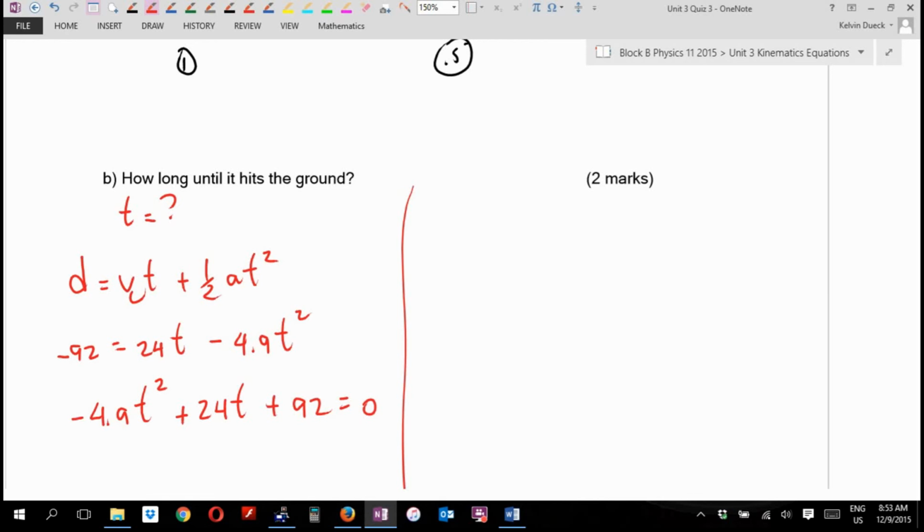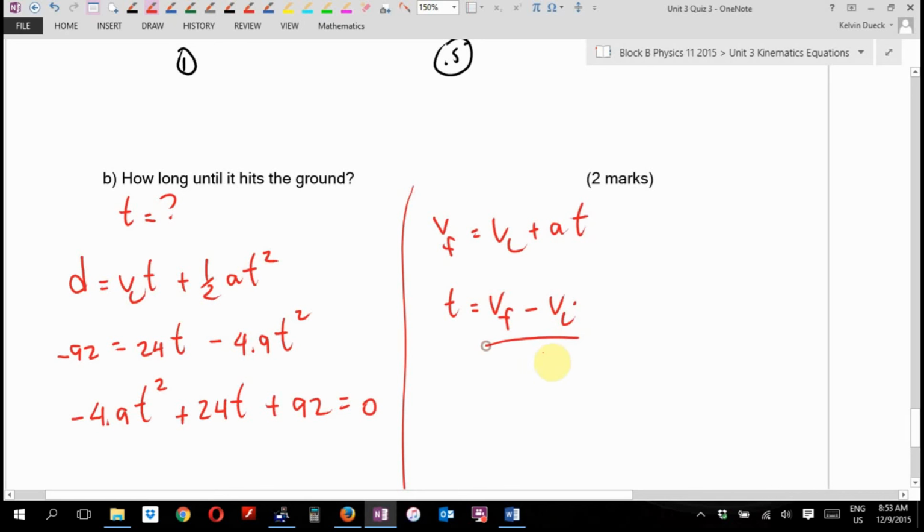Or, what did we just find in part A? Hello, people. What did we just find in part A? VF. You could go VF equals VI plus AT, so t equals VF minus VI over A. And you could say, okay, I've got VF.